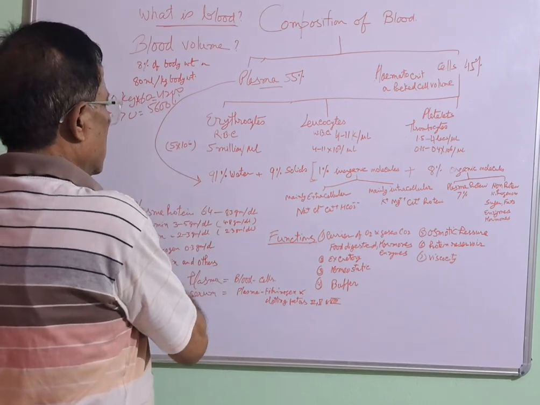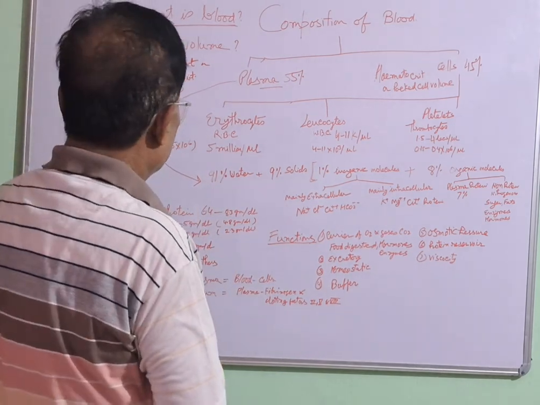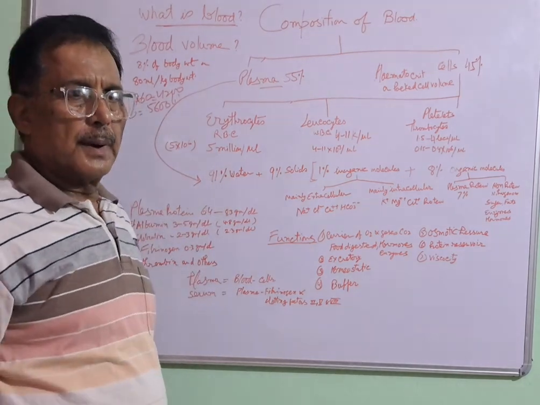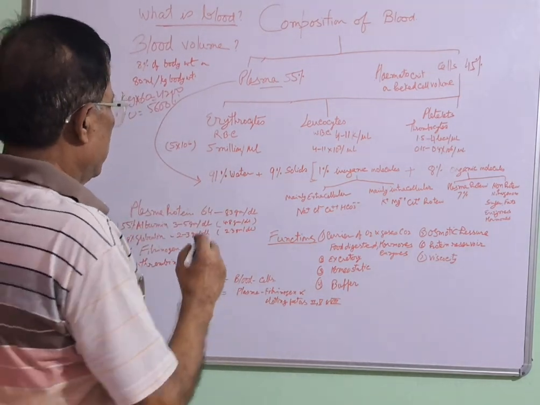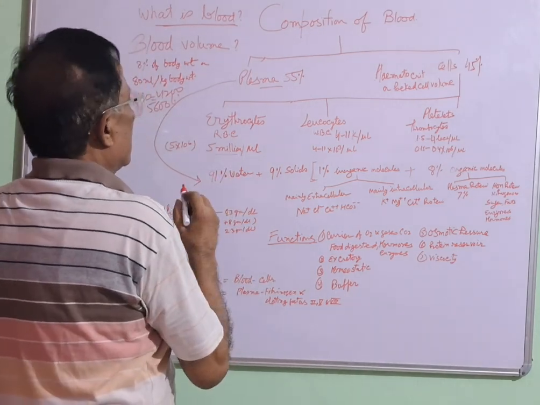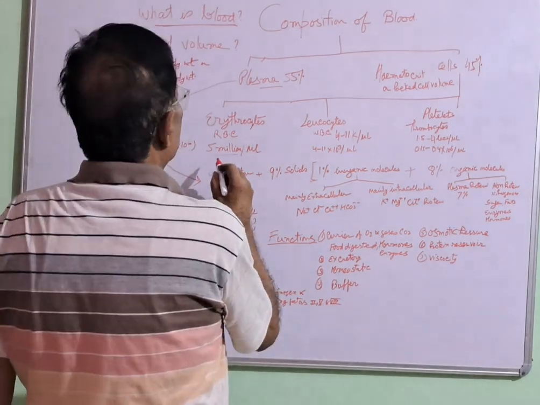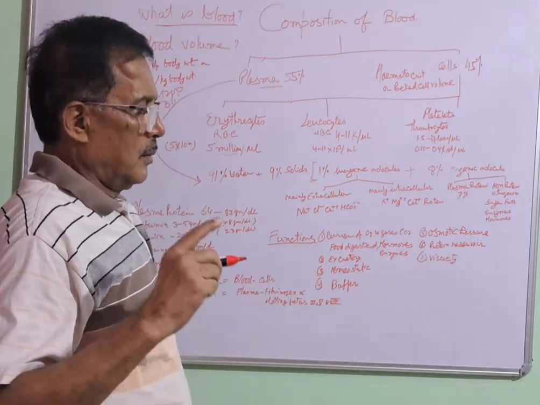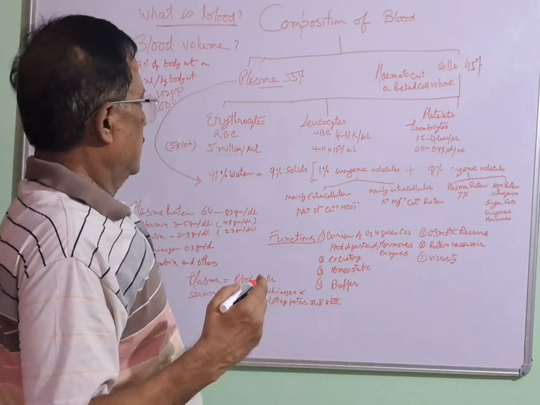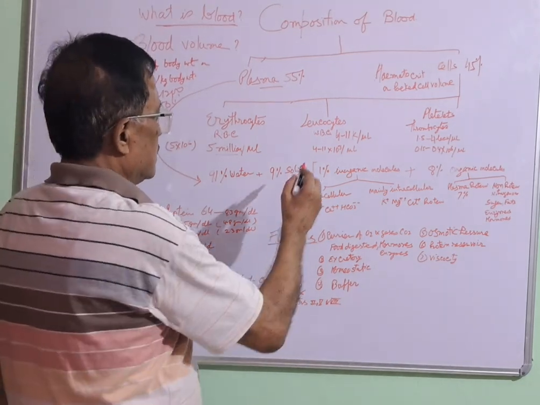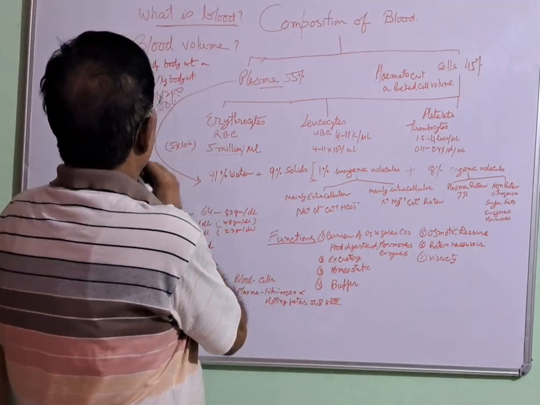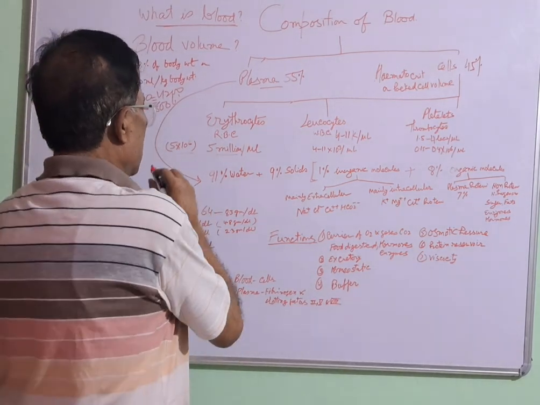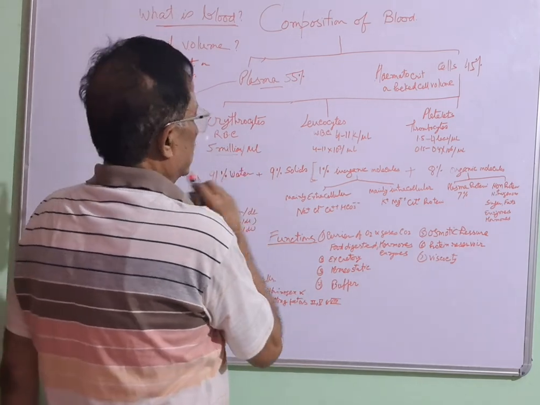Now, concentration or number of cells. RBC is 5 million per cubic millimeter of blood, or per microliter, or in other words 5 into 10 to the power 6 per microliter.